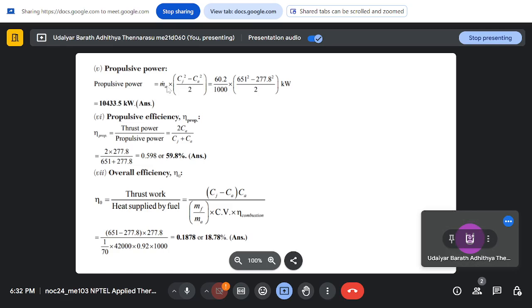So this becomes mass of air, 60.2 kg per second, into 651 square minus 277.8 square by 2, and divide by 1000 to convert it into kilowatt. So this comes out to be 10,433.5 kilowatt. So that is the propulsive power generated by the turbojet engine.